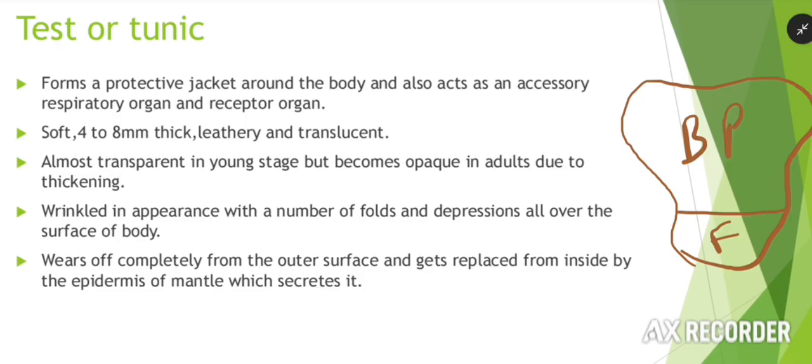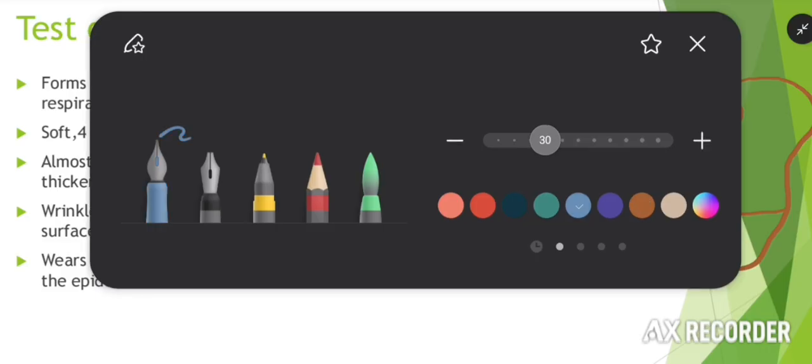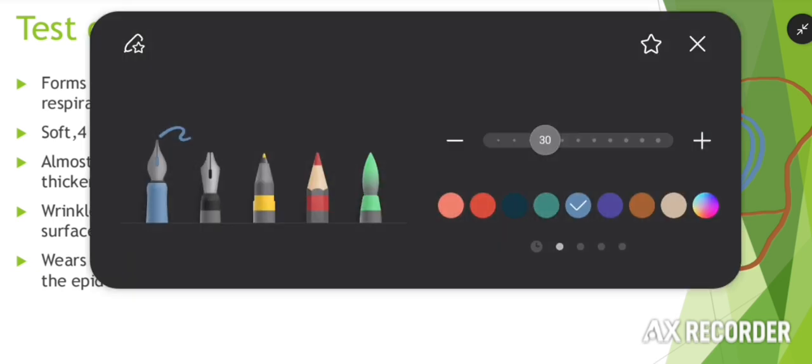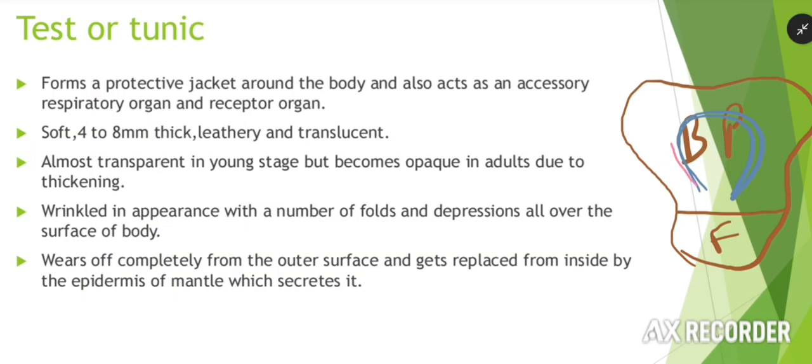It wears off completely from the outer surface, and the inner region is the mantle region. This one is the mantle, and it has an outer covering of epidermis. This one is the epidermis of mantle.